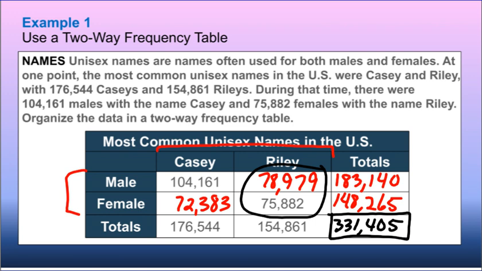And if we went back to our two-way frequency table, we can look at another one. We could also look at the name Casey. And we can look at the names here. There are roughly 32,000 more male Caseys than female Caseys.